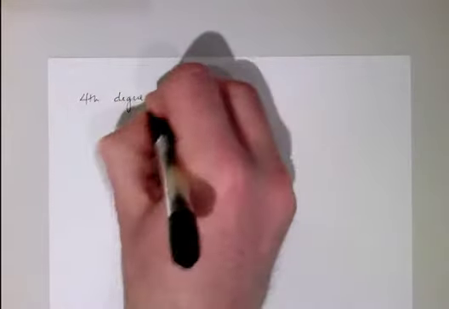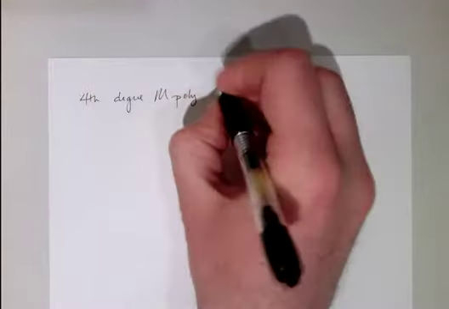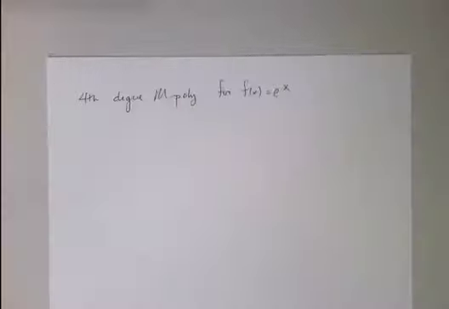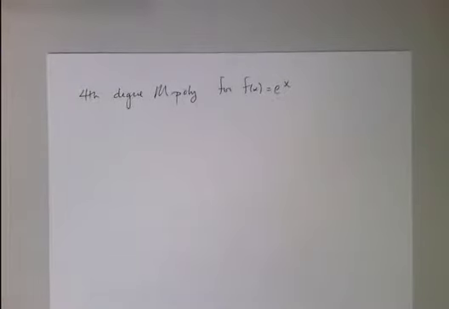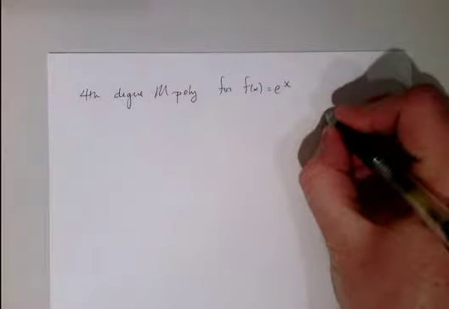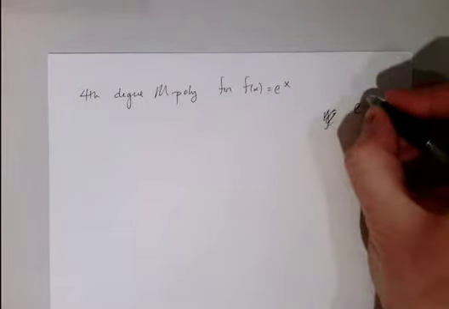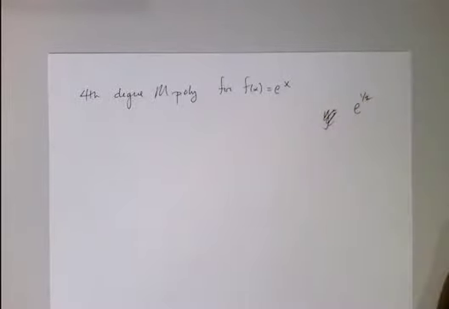Let me go ahead and get another problem out right here. Let's say that I am looking for the 4th degree Maclaurin polynomial for f of x is equal to e to the x. And what I want to do is use that to find out what the error is for, oh, I don't know, let's do e to the 1/2.